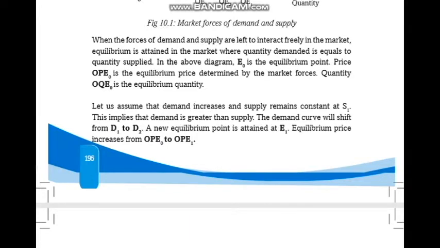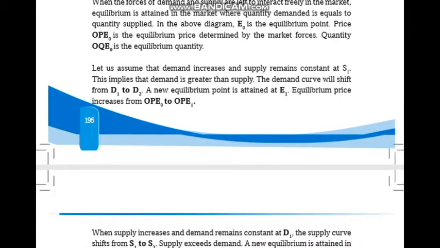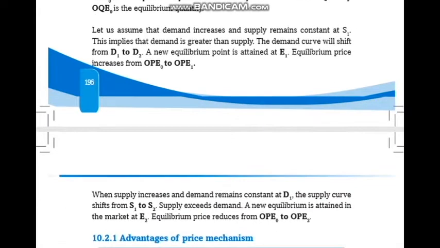Price OP0 is the equilibrium price determined by the market forces. Quantity OQ0 is the equilibrium quantity. Let us assume that the demand increases and the supply remains constant at S1. This implies that the demand is greater than supply. The demand curve will shift from D1 to D2.